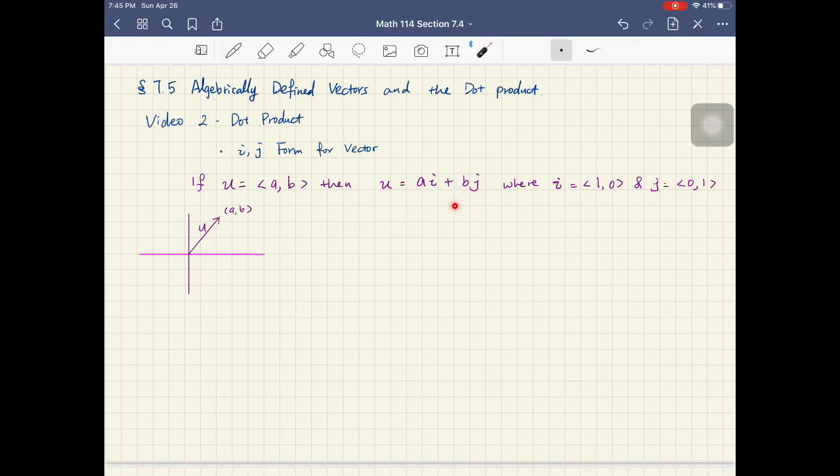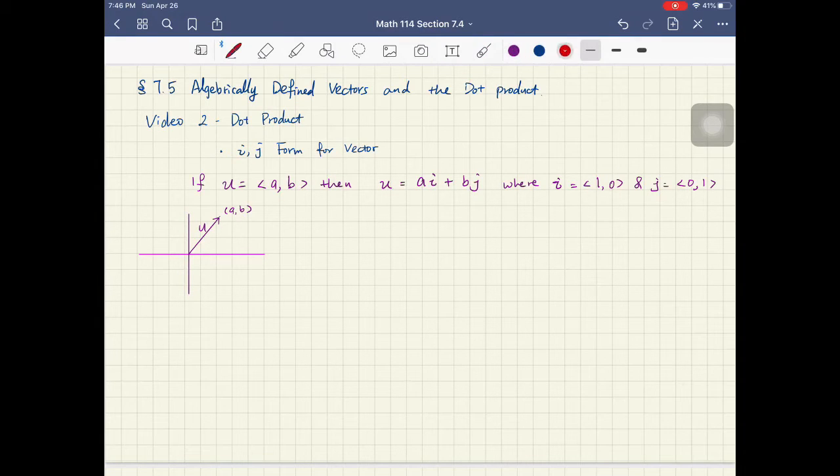What that means is I can separate the a comma b and say I have a horizontal component of a and a vertical component of b. But what are i and j? i and j are two unit vectors. i is equal to 1, 0.